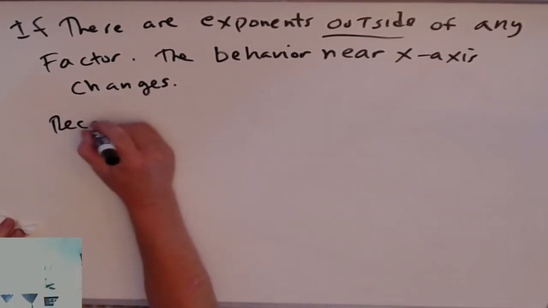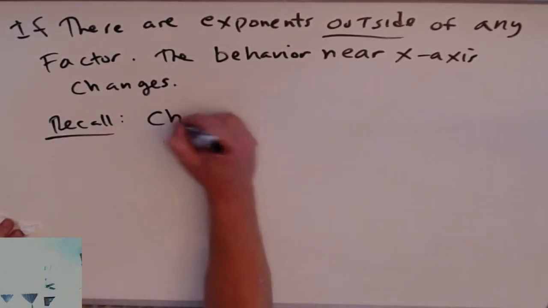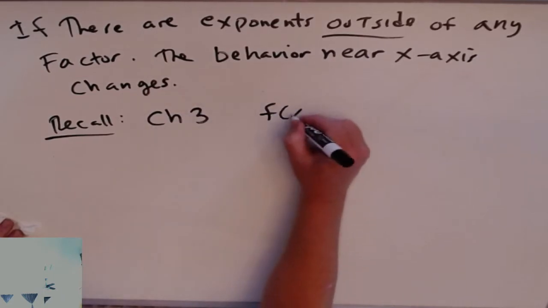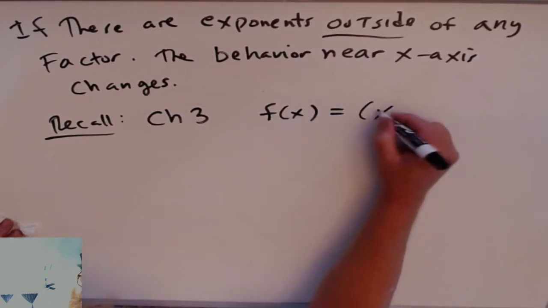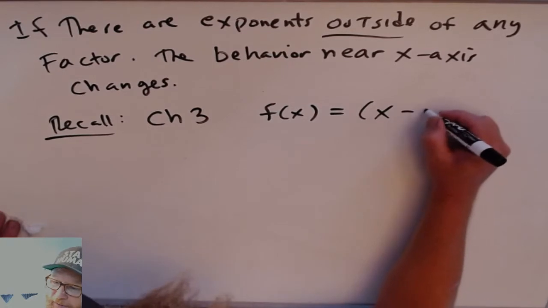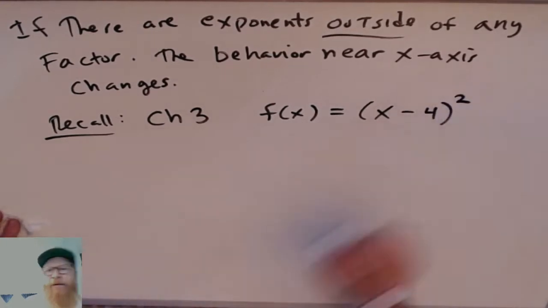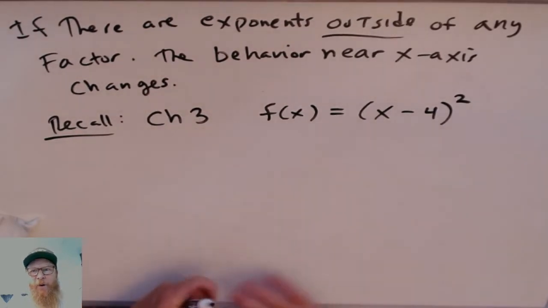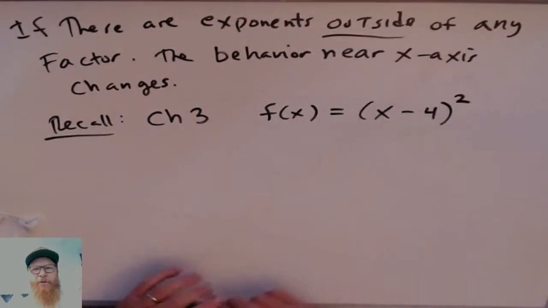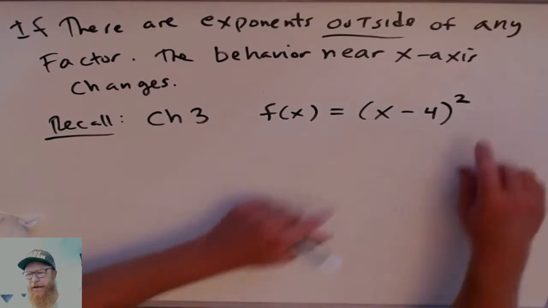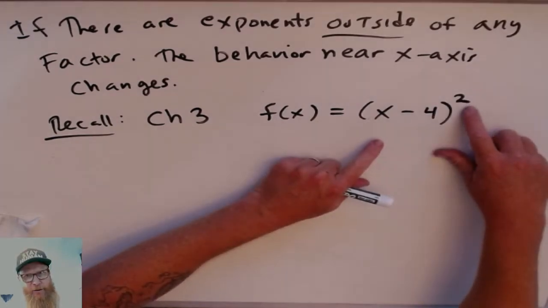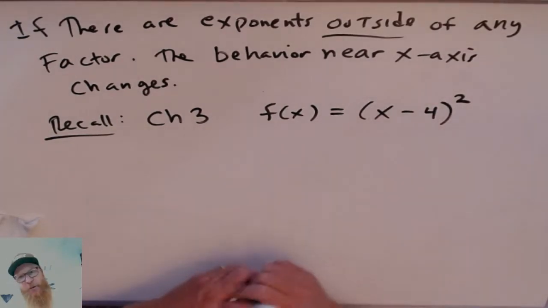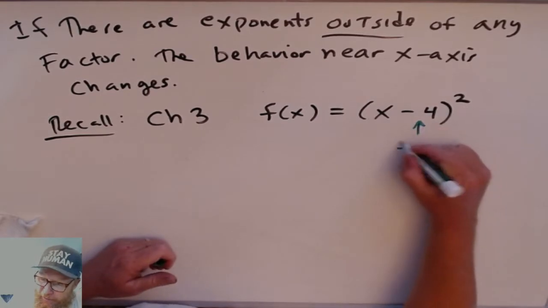So recall from chapter 3, if you had a function like this, very simple polynomial from chapter 3. This would be a quadratic transformation, shifting it to the right 4 units.